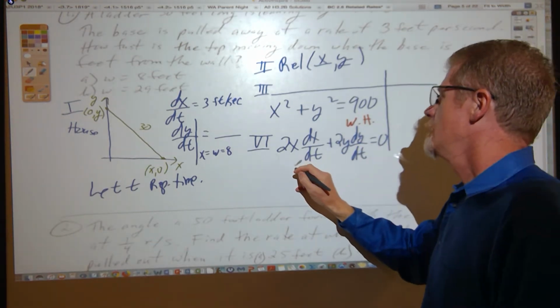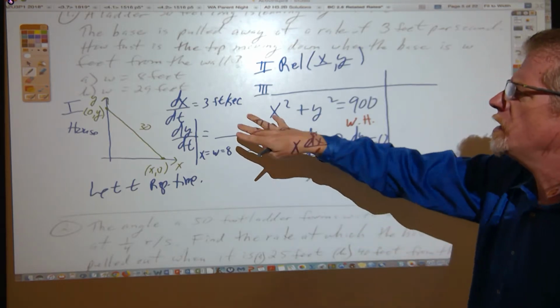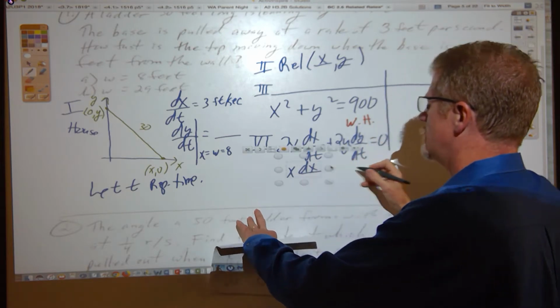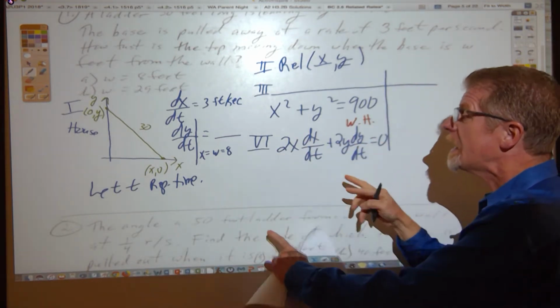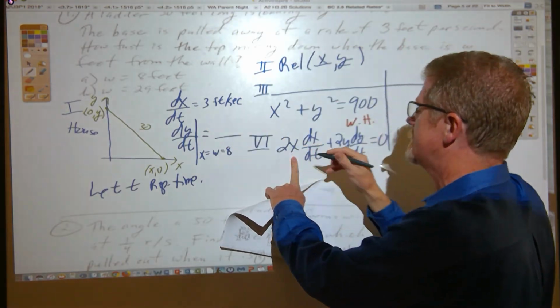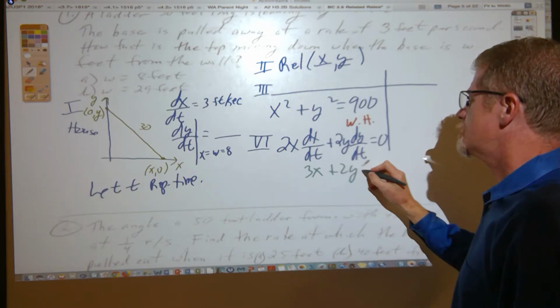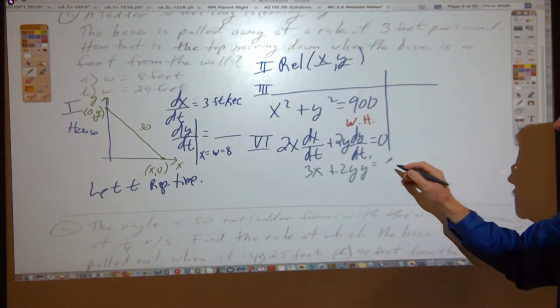Dividing both sides by 2, we've got x dx/dt. Oh, this is actually a great time to replace dx/dt with 3. So substituting on the fly, dividing both sides by 2 and replacing dx/dt with 3, we've got 3x plus y times y prime equals 0.